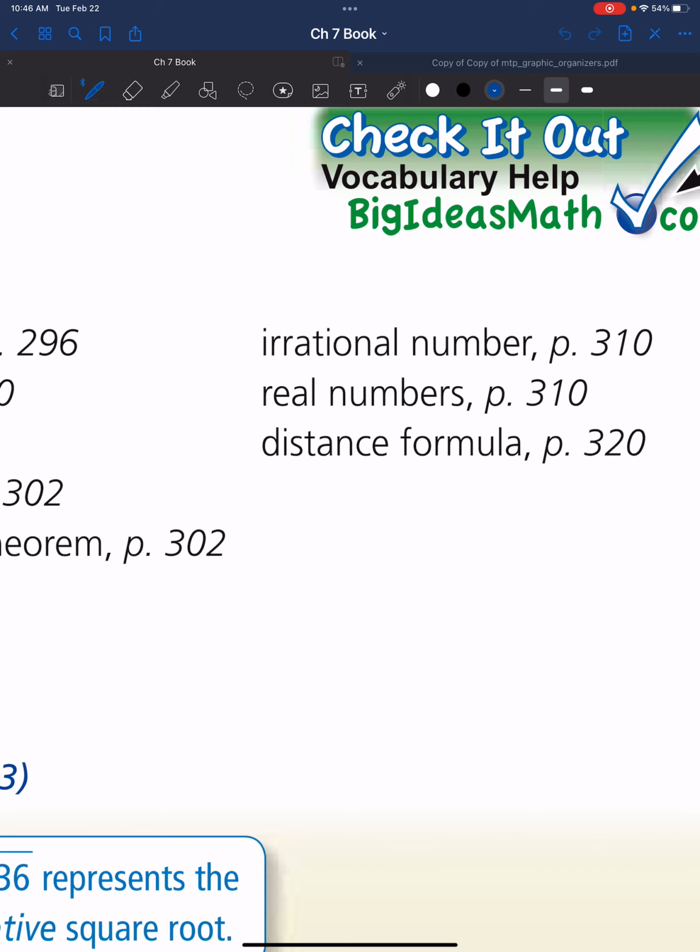Integers are whole numbers and their opposites. Underneath integers, then we have whole numbers. Whole numbers are 0, 1, 2, 3, 4, 5. Yep. And then underneath that, we have natural. That's how you naturally learn how to start counting, right? 1, 2, 3, no zeros, no fractions, no decimals, okay?